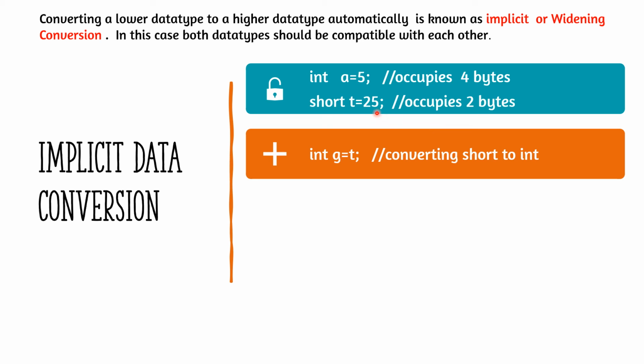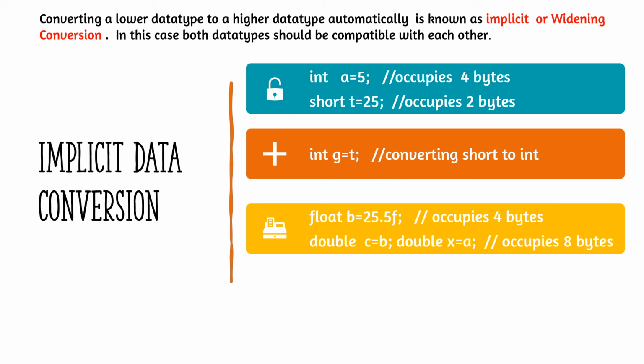So we are converting this short value into int. So 25 will be there in both the variables. In this line we are converting the short into int and it will be transferred to a place which contains 4 bytes. That means 2 bytes we are transferring to 4 bytes. So automatically the conversion will be done and there is no need of extra commands.